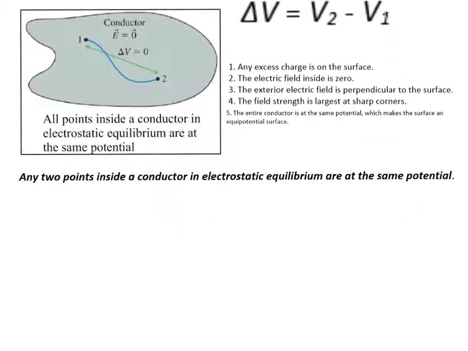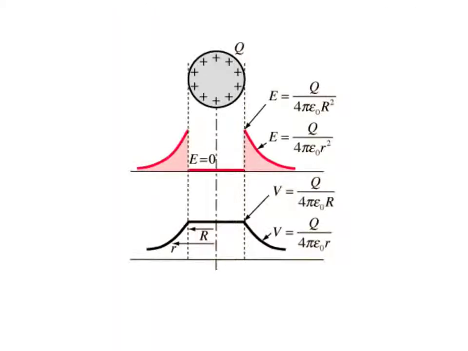We can also visualize this by looking at these two graphs here. Here's a conductor, and here's the electric field, showing that the electric field is 0 inside the conductor, and the electric potential is constant throughout that conductor.